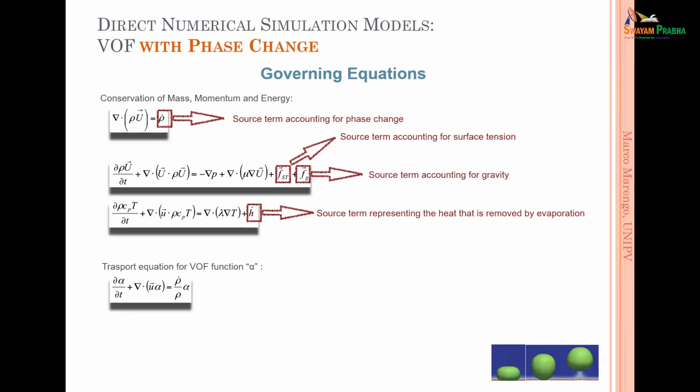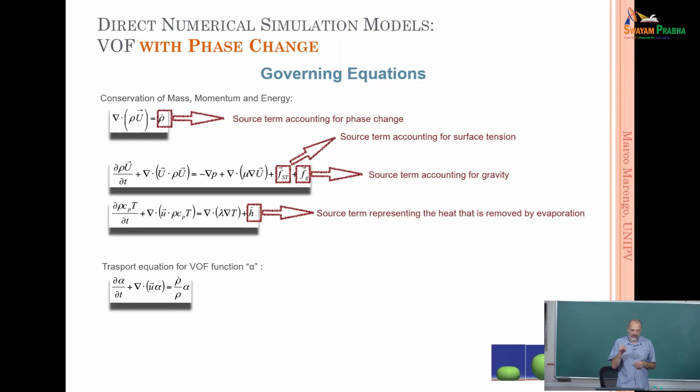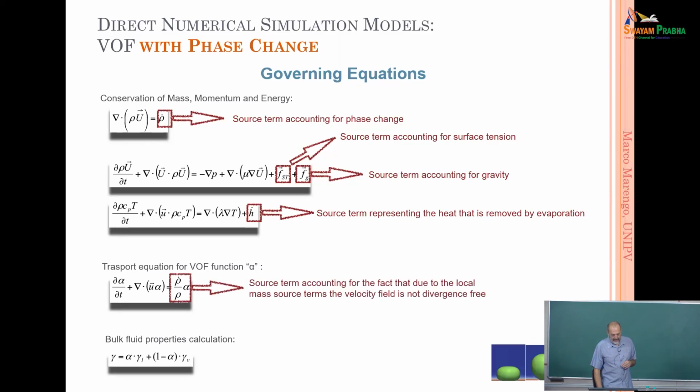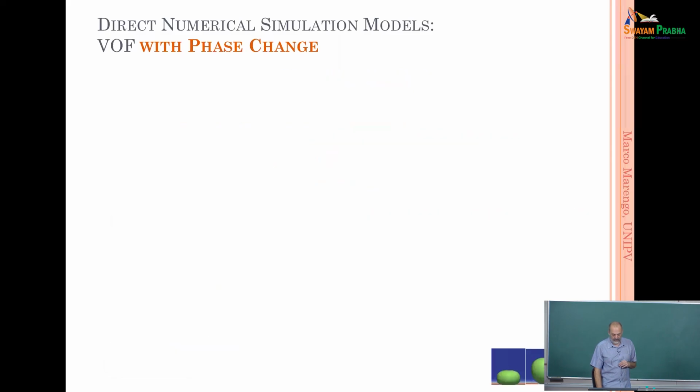And we have now a rho dot. If you think, rho dot divided by rho multiplied by alpha is nothing else than d alpha over dt, so it's the variation in time of alpha, but due to the phase change, because we have a rho dot. Again, we have the bulk fluid properties as an average with the volume fraction.